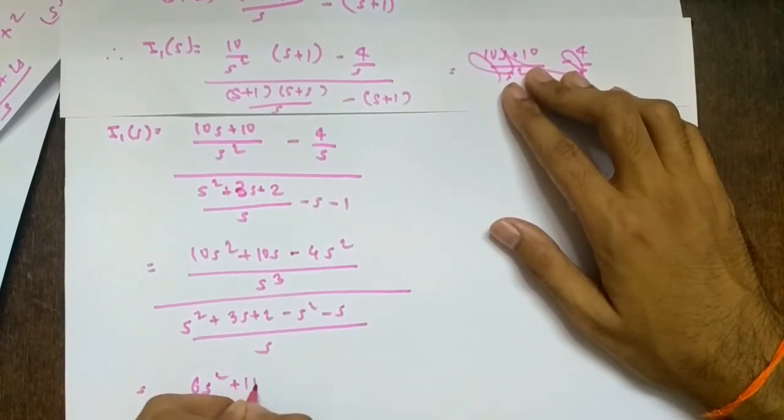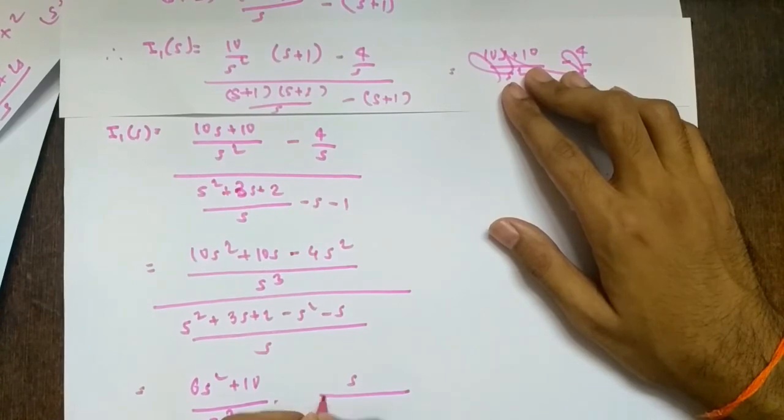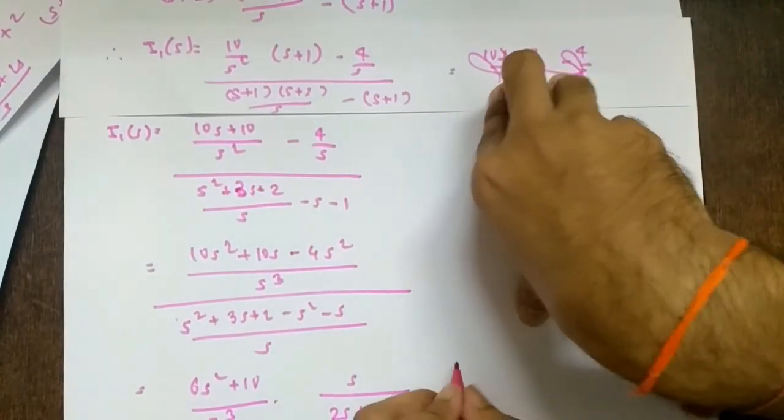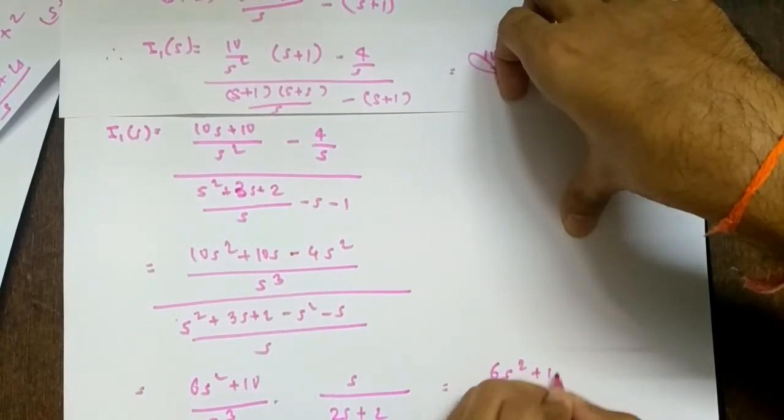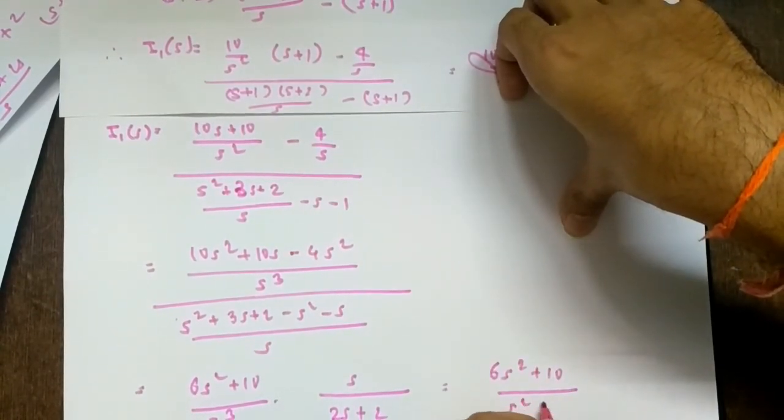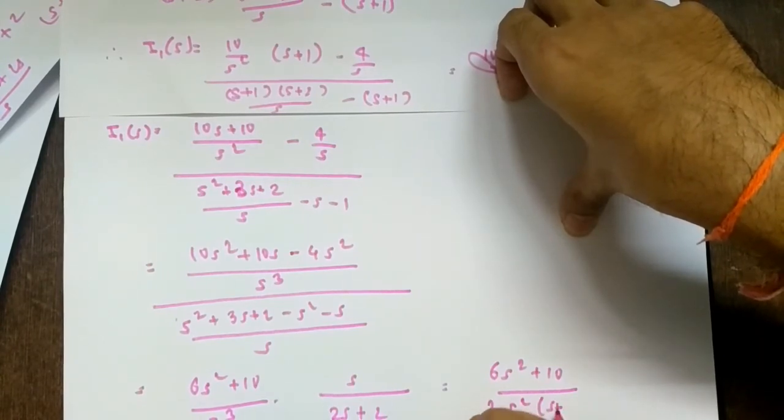So this will be 6S square plus 10 upon S cube. This will become into S upon S square, gets cancelled. So 2S plus 2. Right? So this will be equal to 6S square plus 10 upon S square times 2 common, so S plus 1.